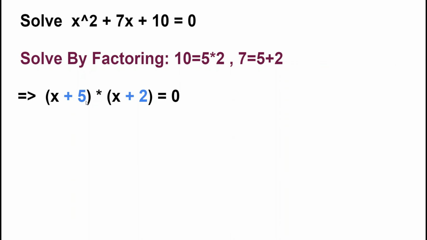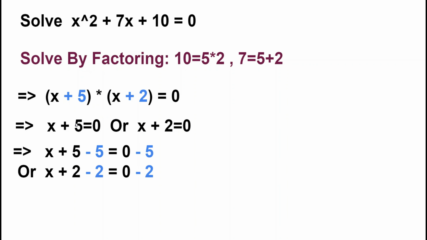So x plus 5 times x plus 2 equals 0. Same thing, x plus 5 equals 0 or x plus 2 equals 0. Get rid of 5 and we have x plus 5 minus 5 equals 0 minus 5, or x plus 2 minus 2 equals 0 minus 2. That means x equals minus 5 or x equals minus 2.